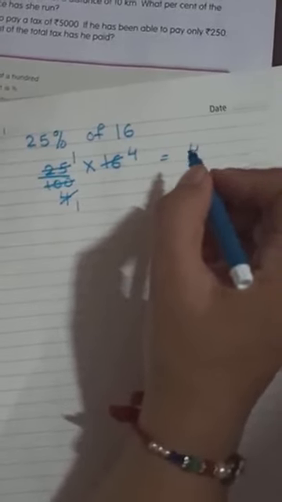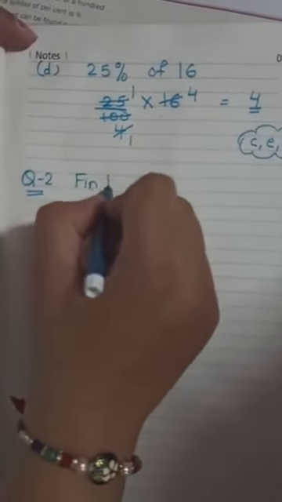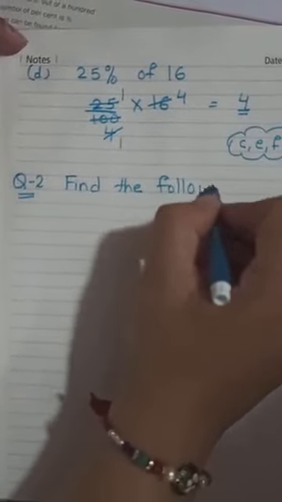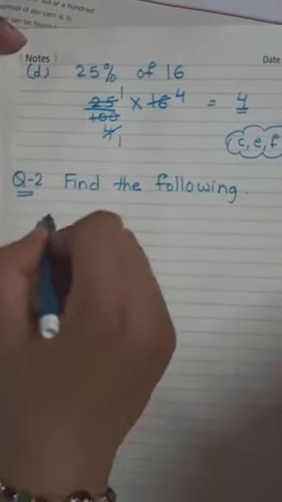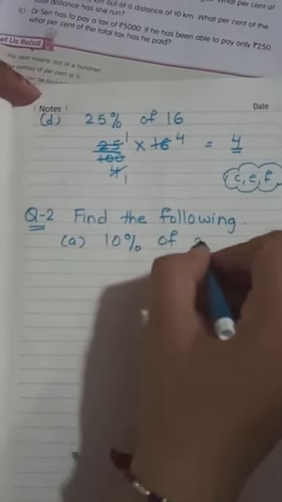So children, now I have done A, B and D for you, and C, E, F are your homework. Let's come to question number 2. Find the following. You have to find 10% of a rupee.